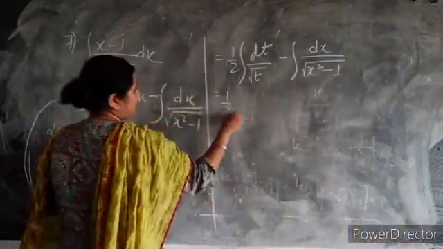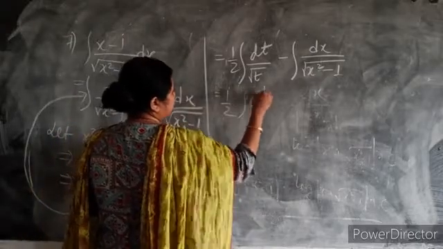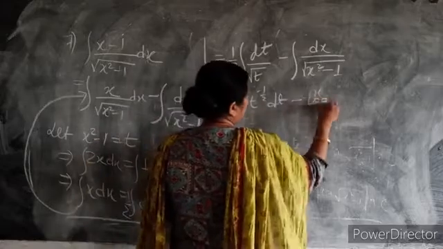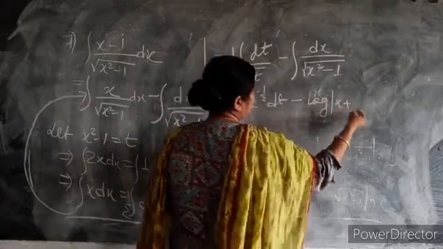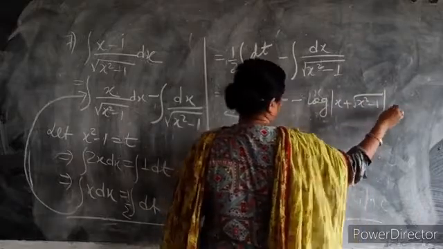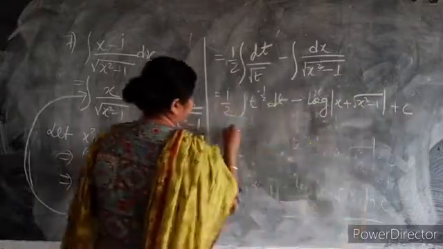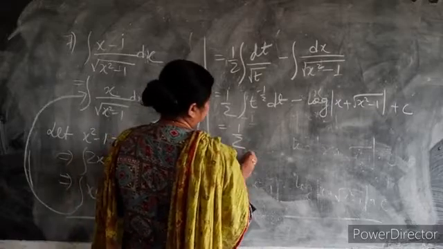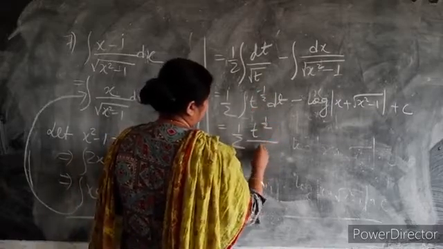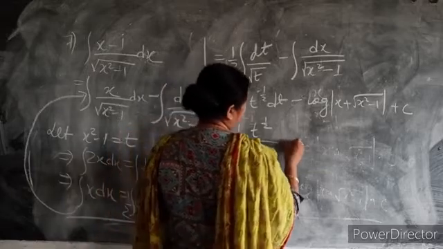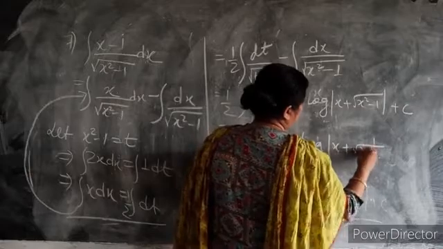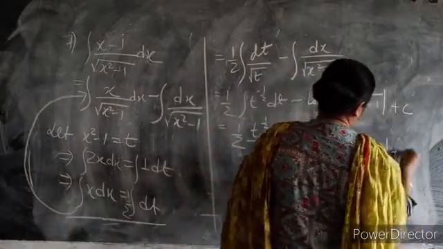So here this will be integration t to the power minus half dt, minus log of x plus root over x square minus 1 plus c. So half of this will be half upon half, minus log x plus root over x square minus 1 plus c.